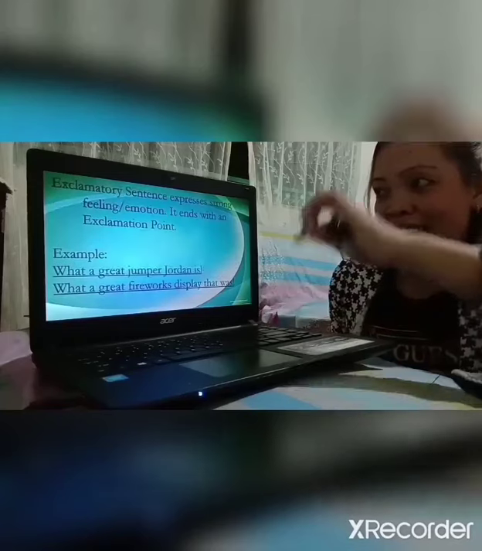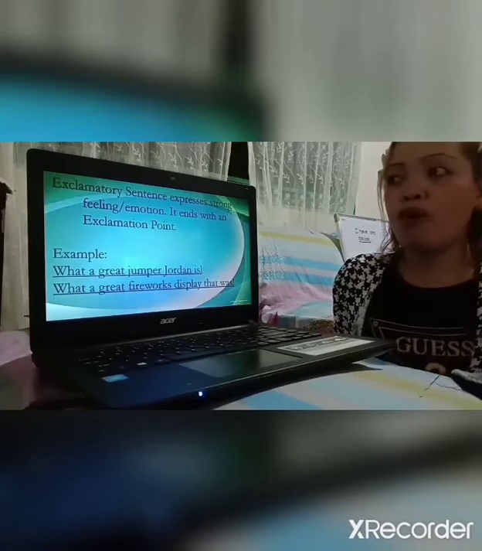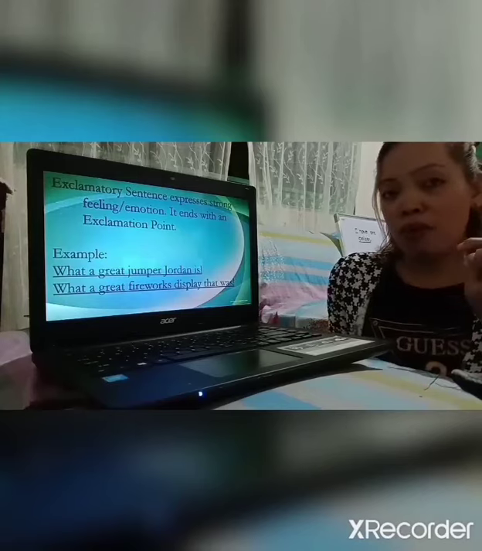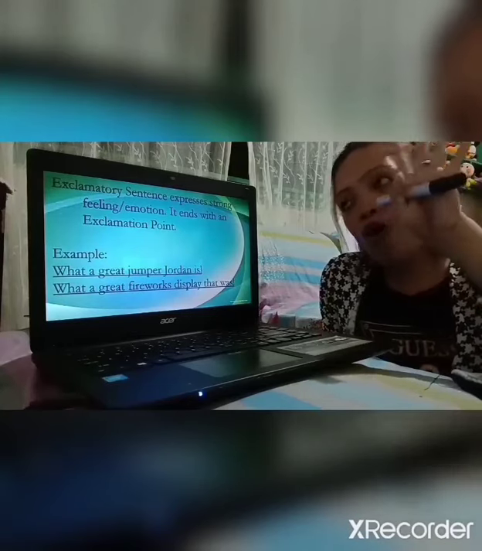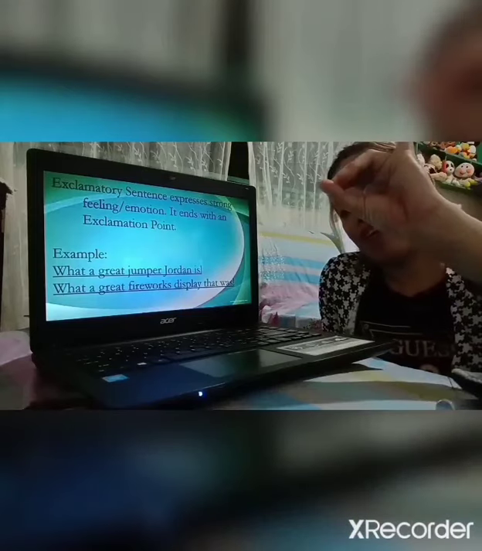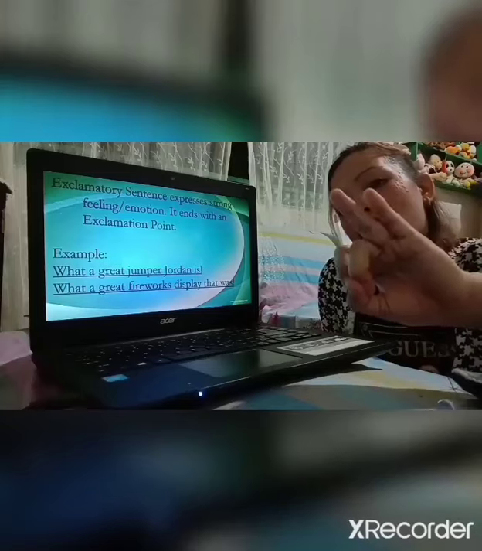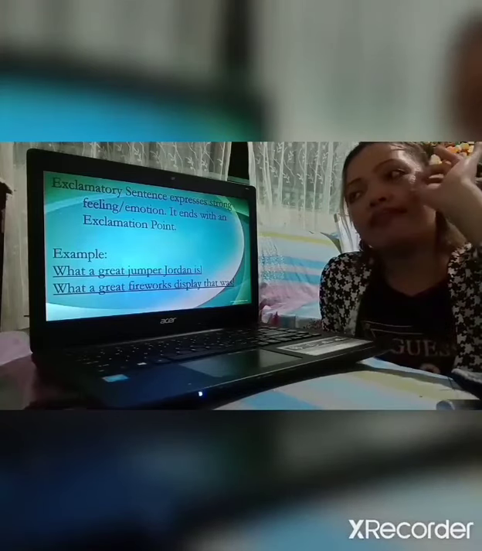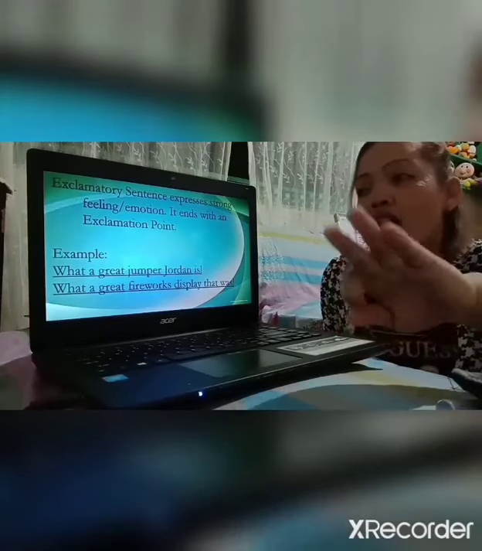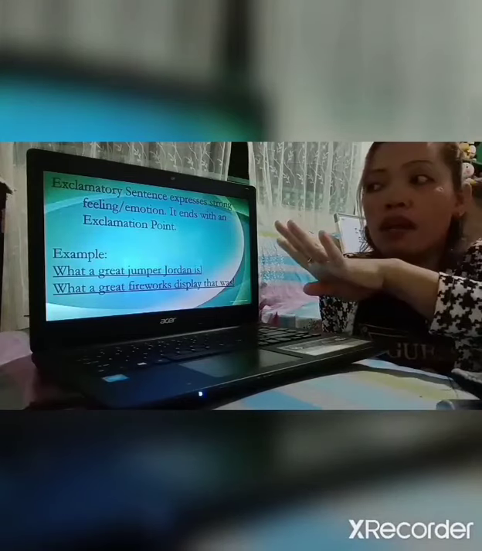Okay, so once again, before we give practice to ourselves, let us first enumerate the 4 kinds of sentences. We have declarative sentence, interrogative sentence, imperative sentence and exclamatory sentence.